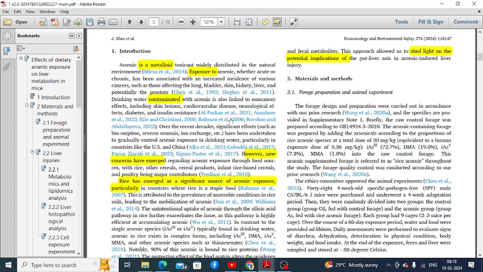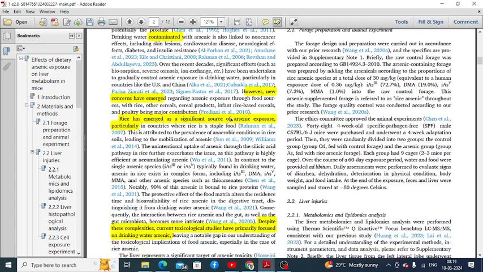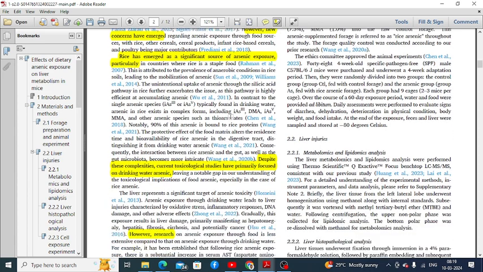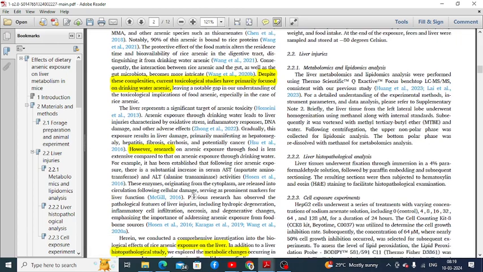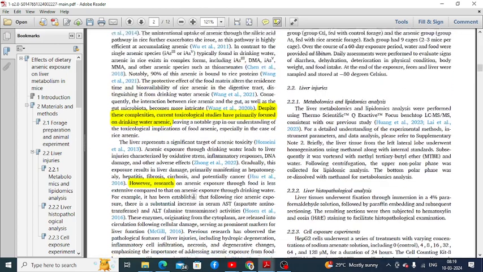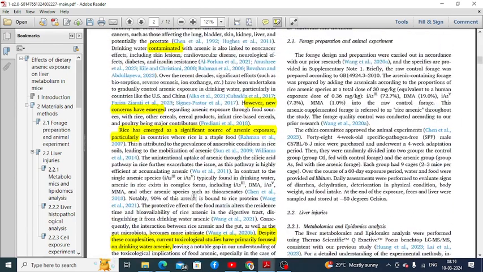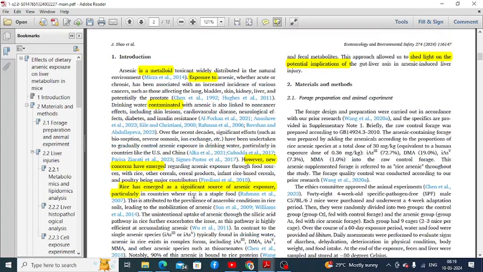The previous studies reported some liver enzyme changes after arsenic exposure, and some antioxidant, oxidative system response in the organisms. So these kinds of things they explored, but the previous studies did not explain how the gut microbiome is affected by this food arsenic. Okay, so this is the introduction part.